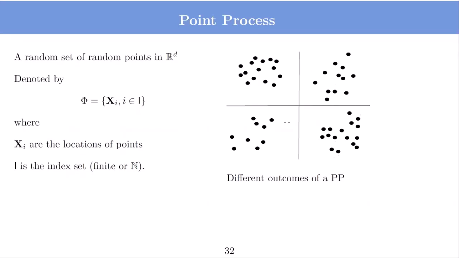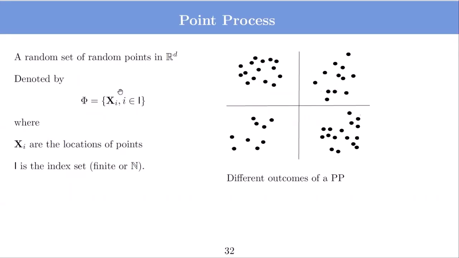So a point process is nothing but a random set of points in a d-dimensional space. And it's a random process, so different realizations look like different sets of points in the same space. We denote it by phi, which is nothing but a set of xi's. Right, so this is just a set, but it's a random set because these elements are random.